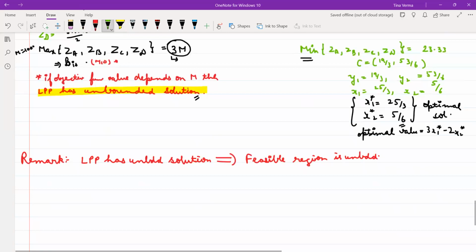But is the converse true? If the LPP solution is unbounded, then the feasible region is surely unbounded. This is for sure. Is the converse true? No, it may or may not be. You can verify from this example that we have an unbounded feasible region, but we got a bounded solution. So this is not true. Okay, thank you.